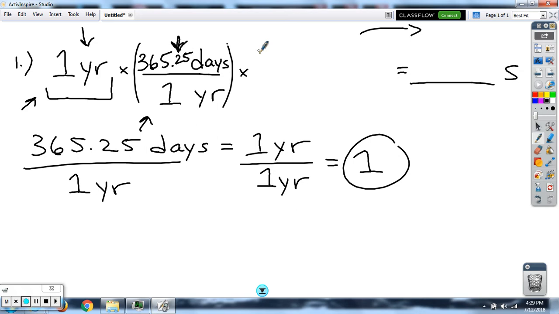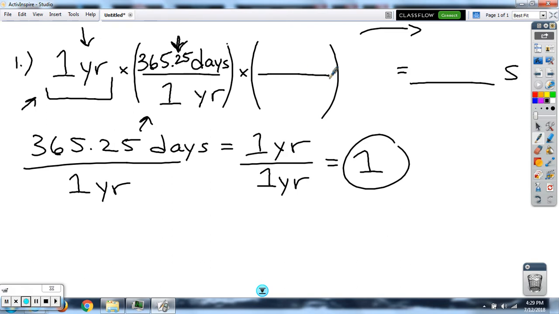So that gets rid of the years for me. Now if I just multiply 1 times 365.25 days, I get 365.25 days. That's how many days there are in a year. I don't want that. I want to know how many seconds. Now, if you knew how many seconds there were in a day, then that would be what you could put into your next ratio. But let's assume you don't know that either.